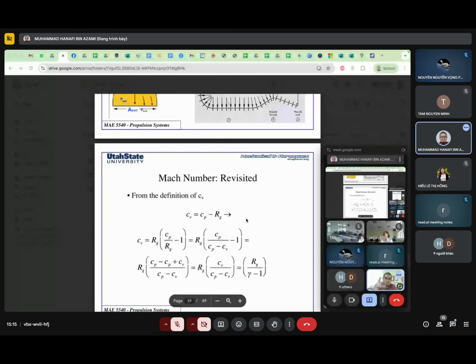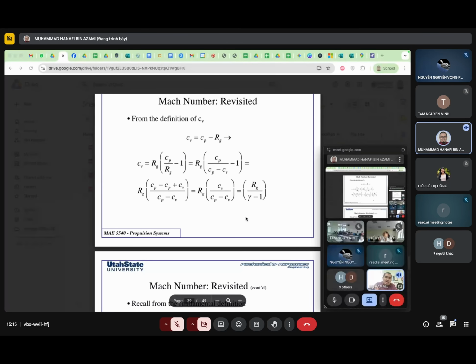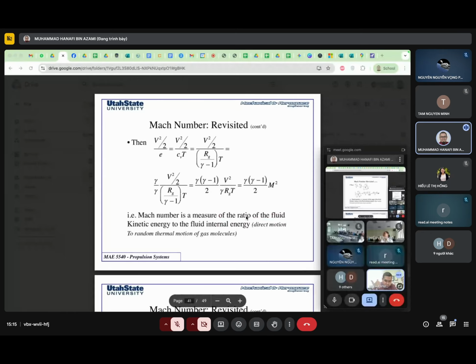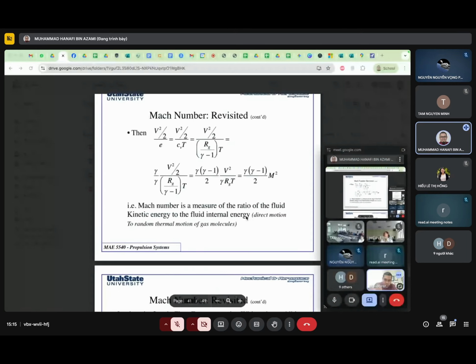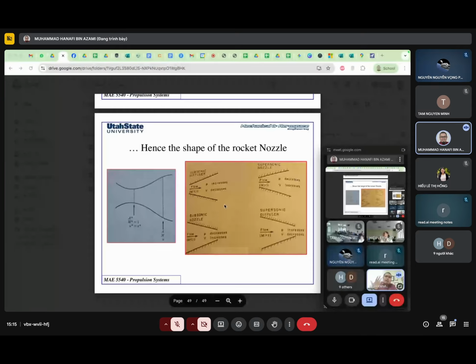What is R, you must know, and then gamma, the TdS relation, as well as the characteristic velocity. You have P exit, Mach throat, and so on. Those are some of the definitions that you must know in that particular chapter.